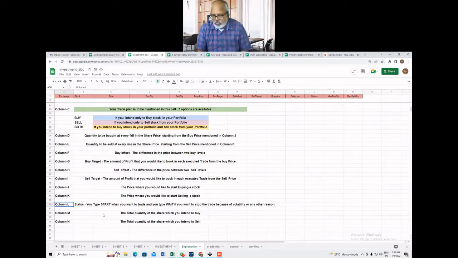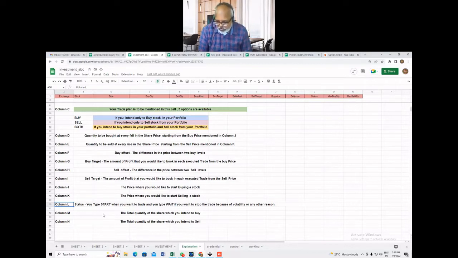Column M is the total quantity of shares which you intend to buy. Suppose I am intending to buy, say, 2500 shares of Nifty Bees with a starting quantity of 25. That means every set of 25 quantity will be bought, and the total maximum quantity in my portfolio would be 2500.